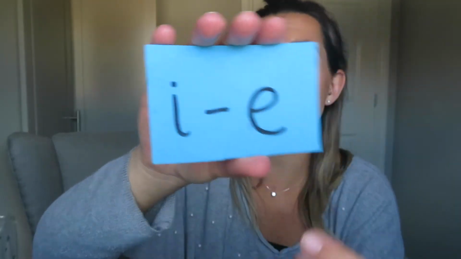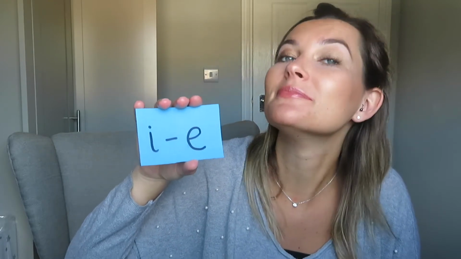A split digraph is where the graphemes are split up, but they still make one sound. So they're not sitting right next to each other, but they've got a hyphen in, which means they're split up, but they still make one sound. The sound is I. Can you say it with me? Superb. Let's have a go at reading these letters.